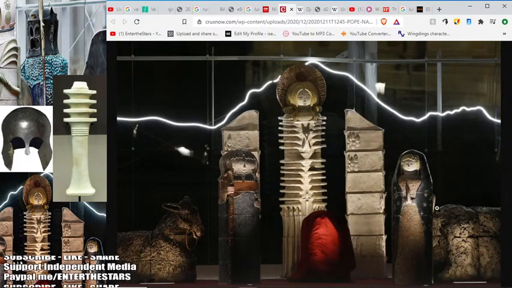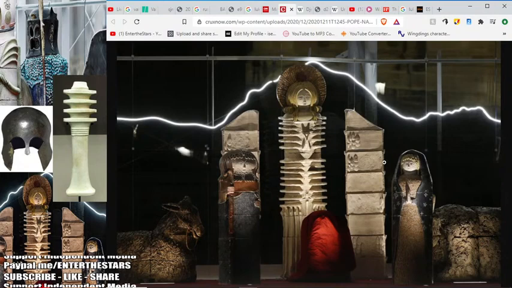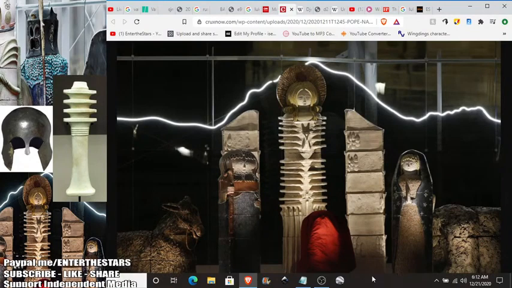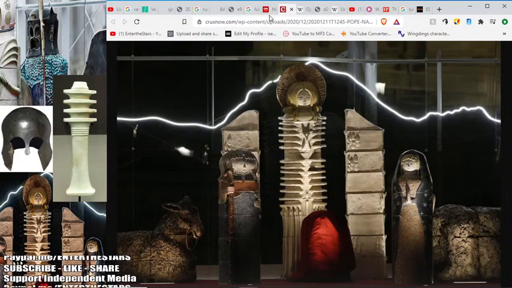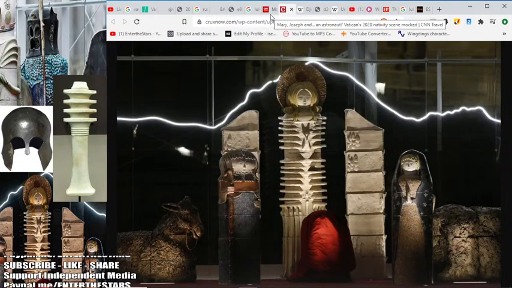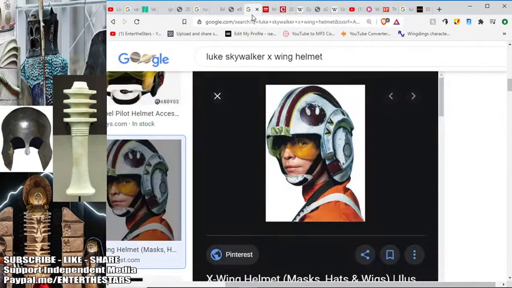And if you can start to conceptualize reality in this way, then you can see the patterns of reality more clearly. So obviously, this is mockery in this nativity scene, because they're basically saying the bloodline of Christ was Russian dolls.